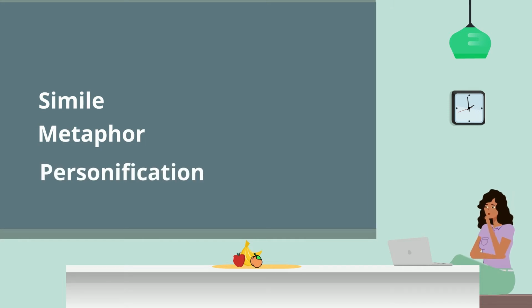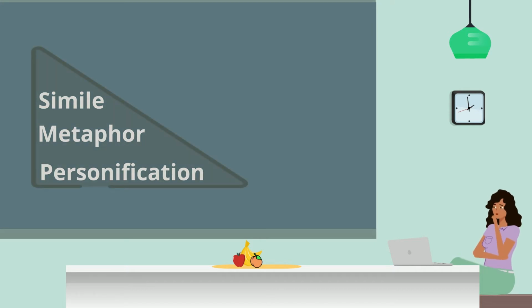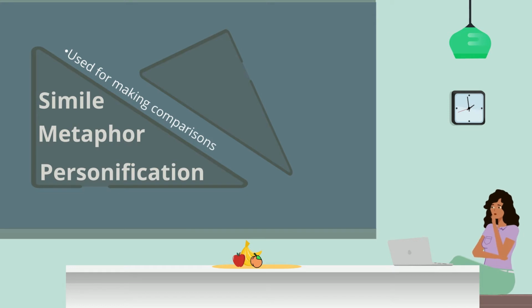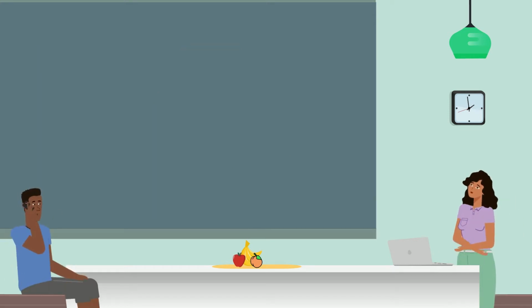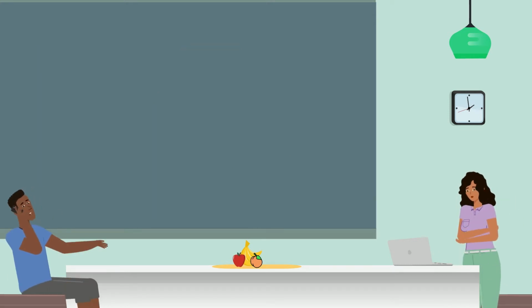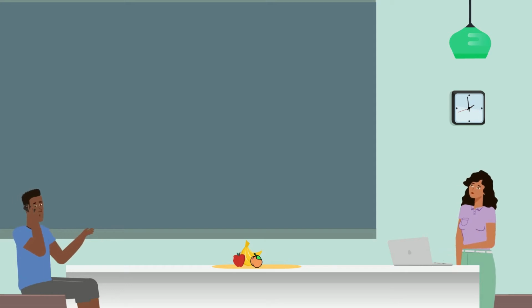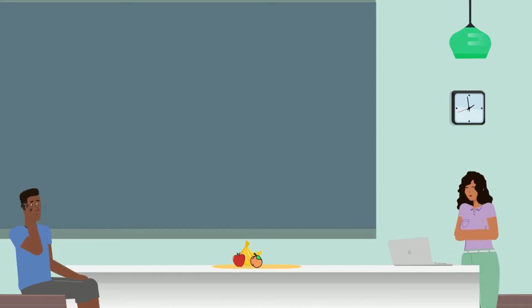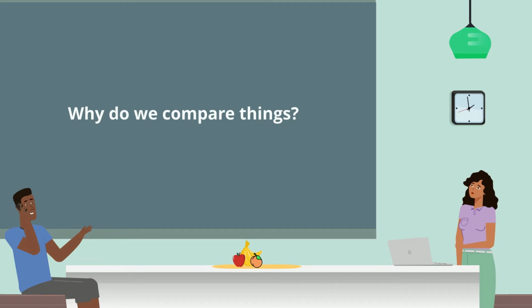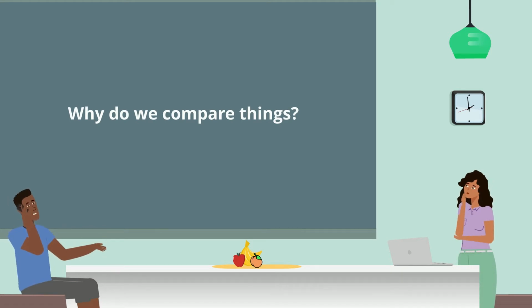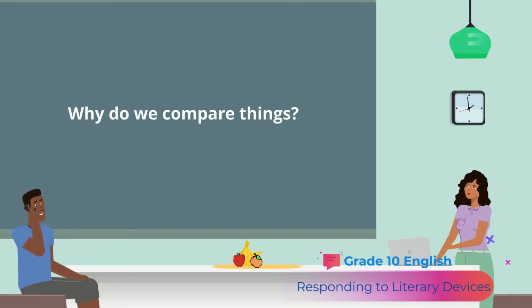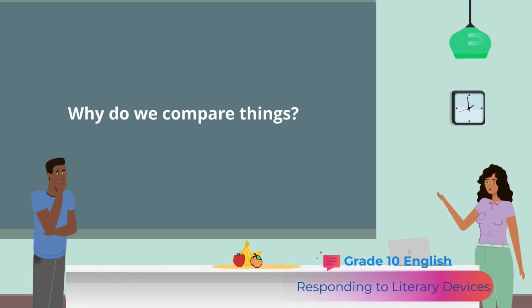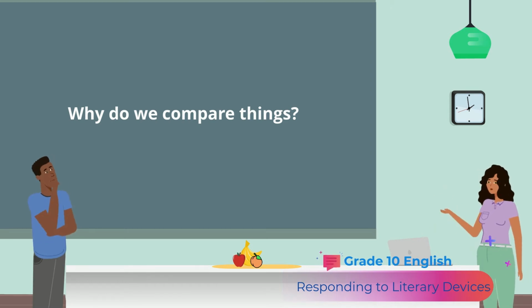It would be best if you remember that all three of these devices are used for making comparisons. Therefore, it will be helpful to ask yourself or the person next to you, why do we compare things? Yes, go ahead. Ask them. Why do we compare things?